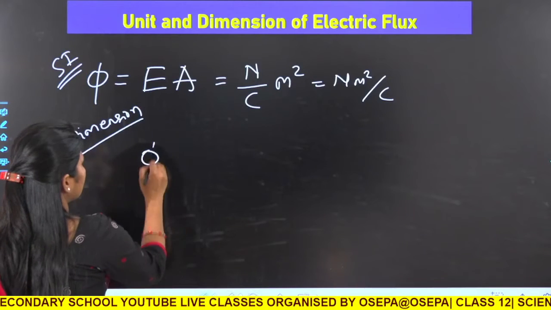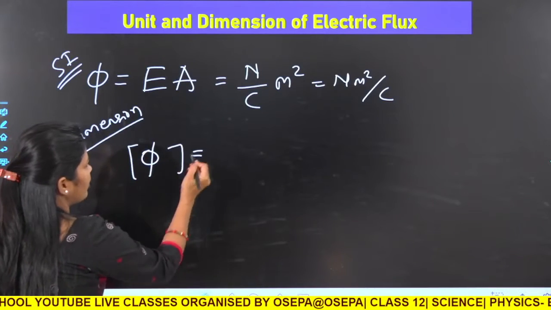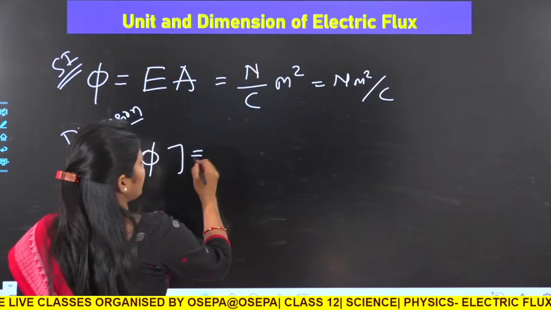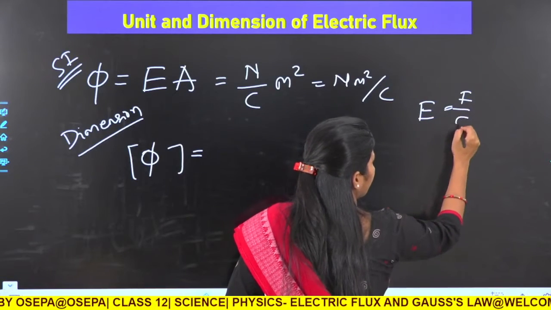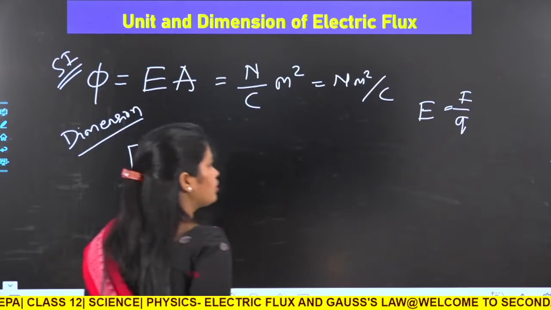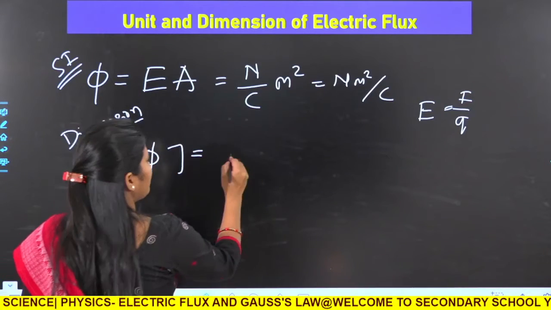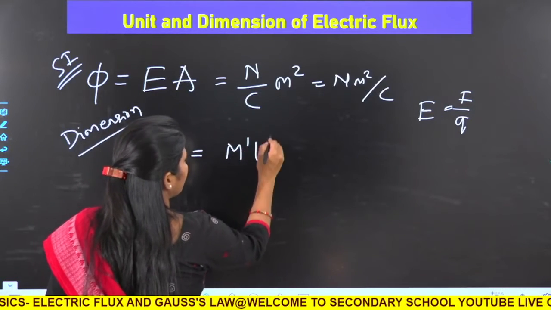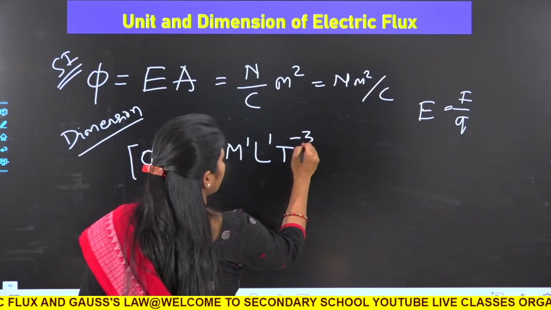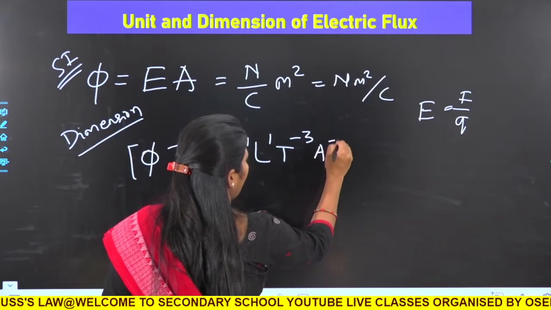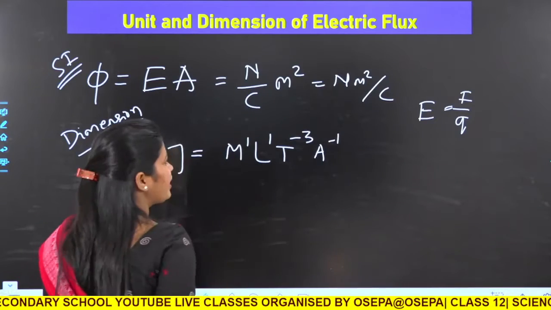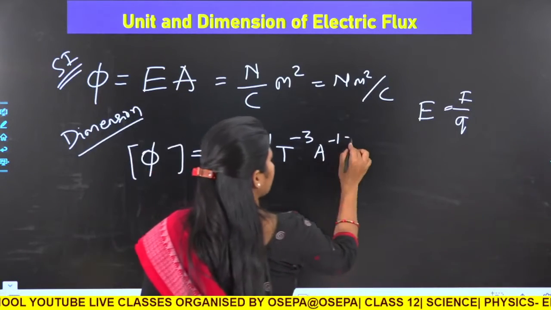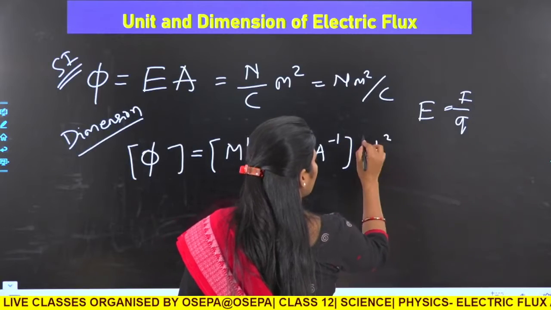See this, so what is the electric field dimension? We know that E is equal to F by Q. So from that we know the dimension is M1 L1 T minus 3 A minus 1. Okay, and what is the area? The area is L2.